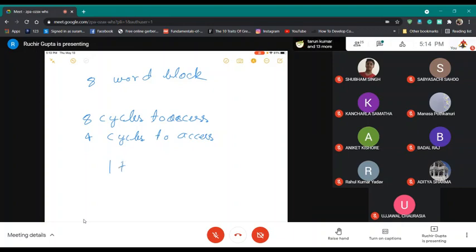Then 8 will be for accessing the first word, and then 4 cycles will be required for 7 words, so 7 into 4, and then 1 will be required for the transfer to complete. So that makes it 38.